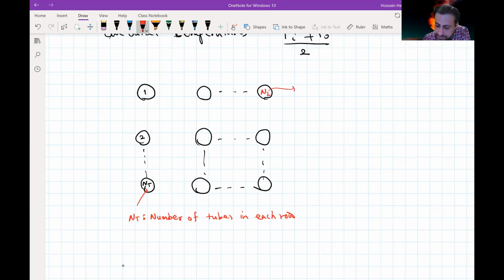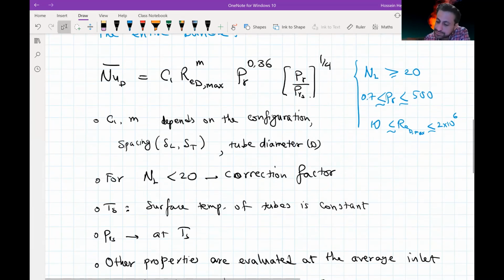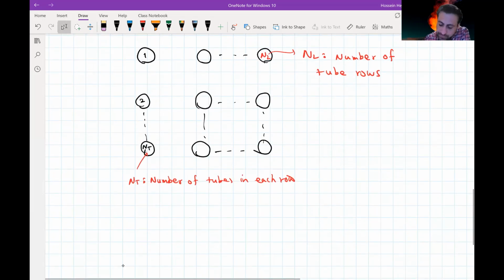So NL represents the number of tube rows. Remember that for this equation, we were saying it is valid for NL greater than 20. So the number of rows would need to go from 1 all the way to 20.